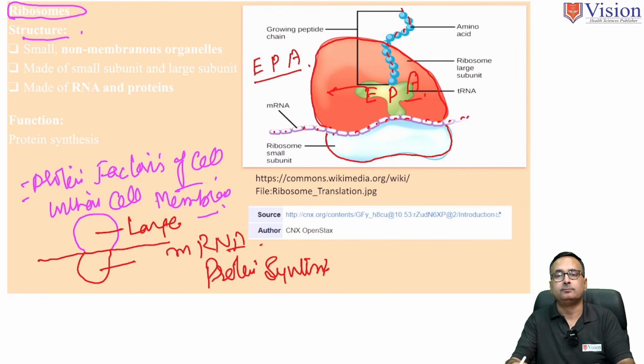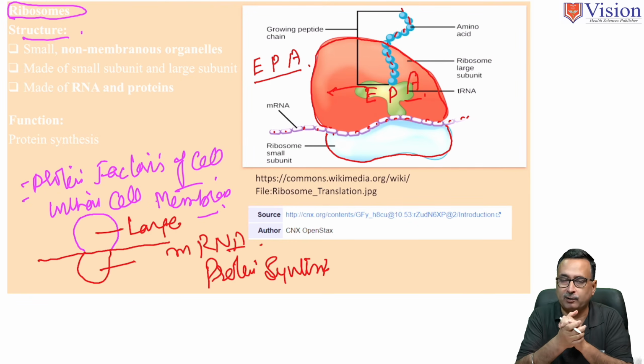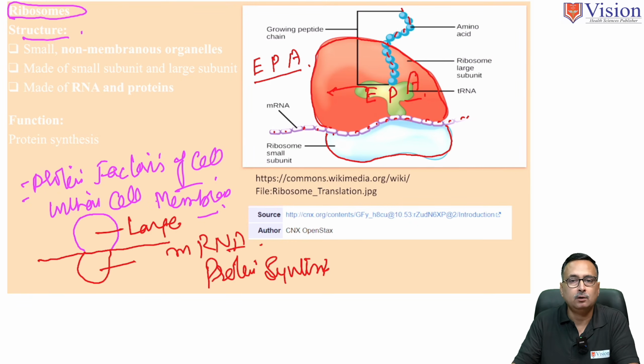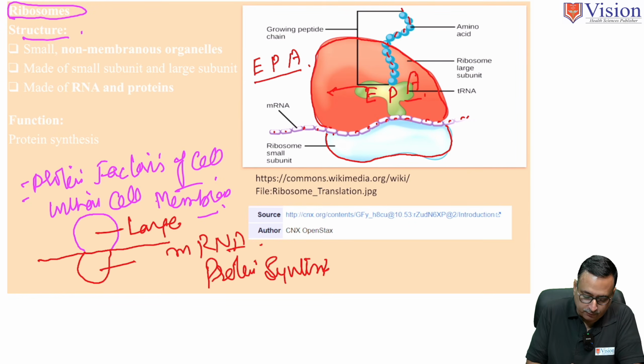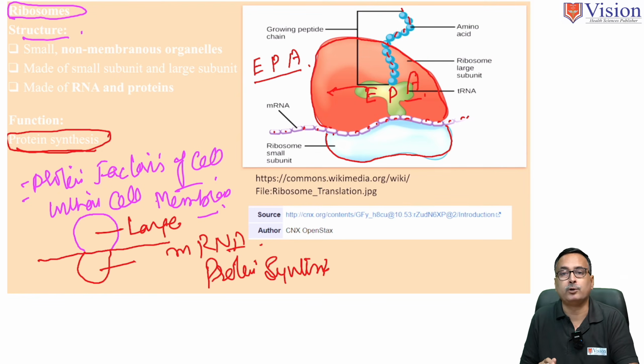Generally, the two subunits of ribosome remain scattered in cytoplasm. During protein synthesis, these subunits associate together. And what's the function of ribosome? These are with the function of protein synthesis.